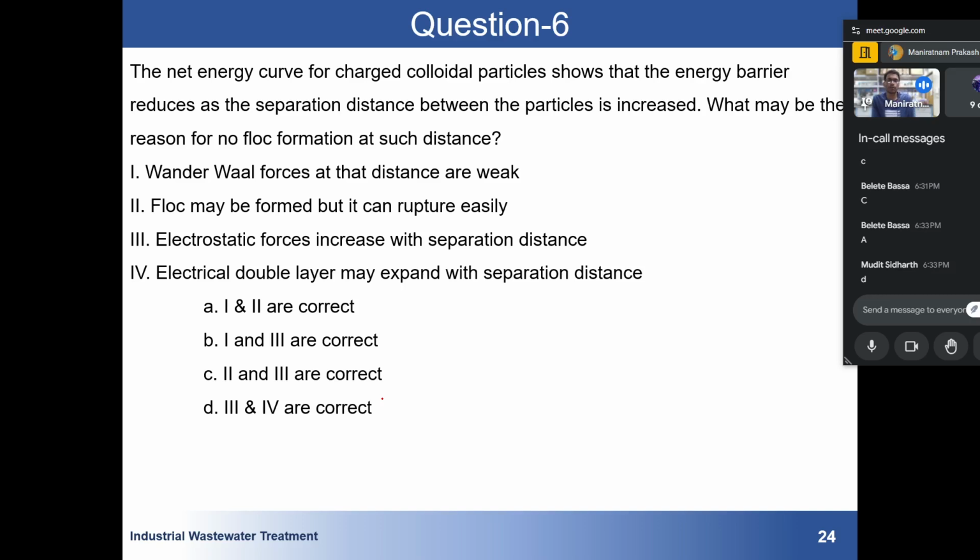You must have seen a graph like this type of graph, electrostatic interaction, something like this. This is the simple electrostatic interaction, and this represents the distance between two particles.